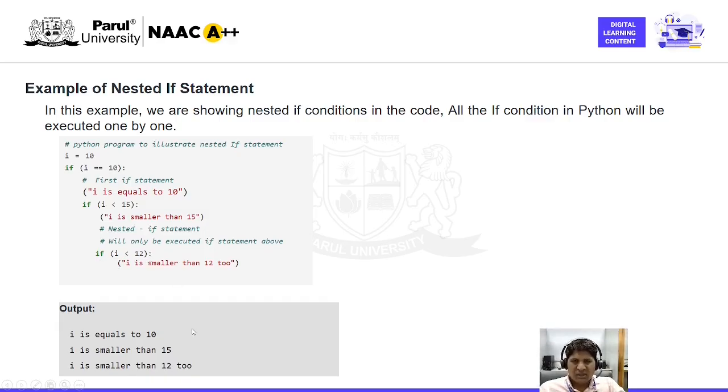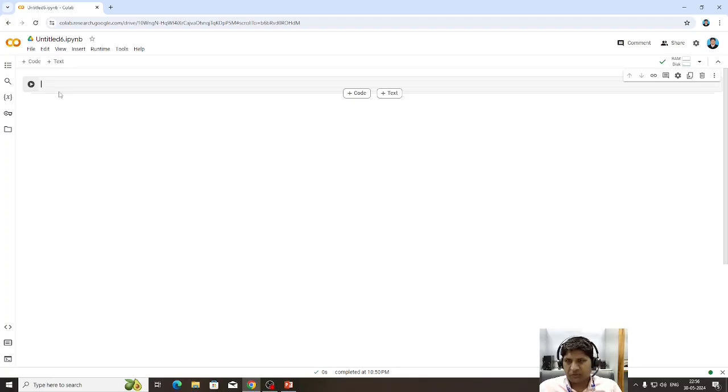For example, we will demonstrate it in Google Colab. Suppose right here I equal to 10. I write the same code that I explained in the example. I equal to 10. If I double equal to 10, where double equal to checks for equality, if the I value is equal to 10, then print I is equal to 10.